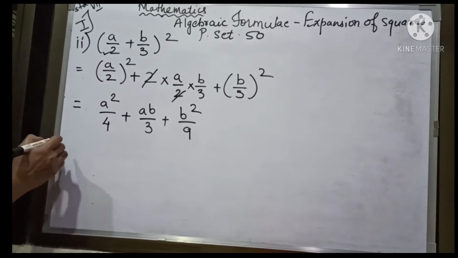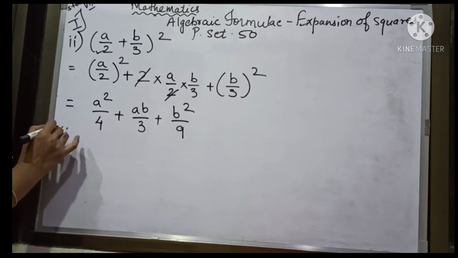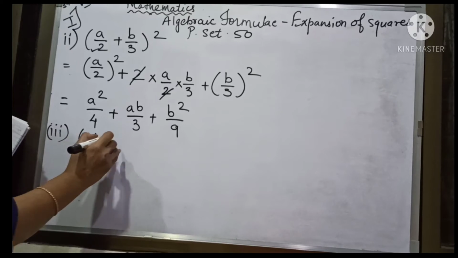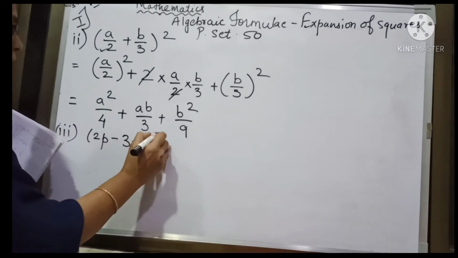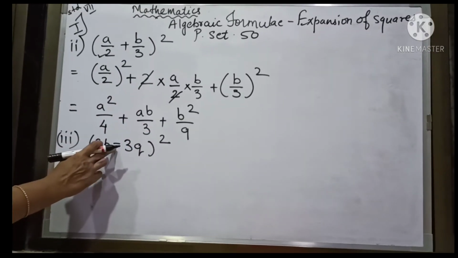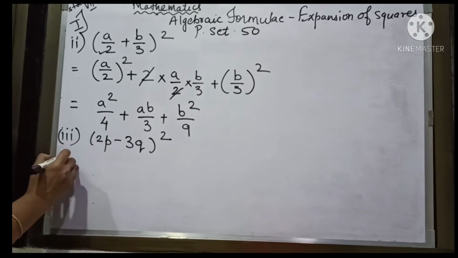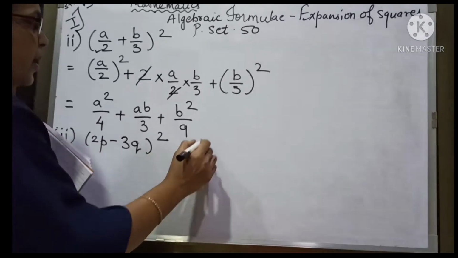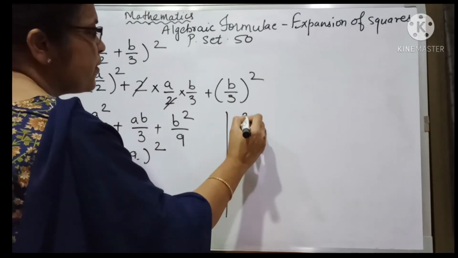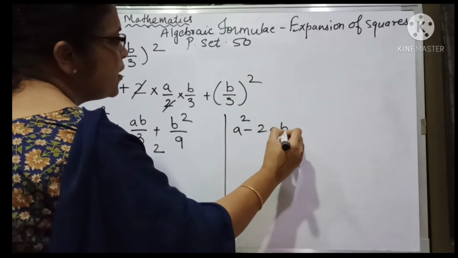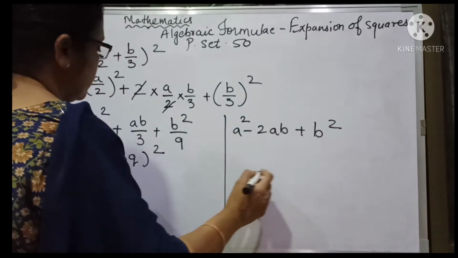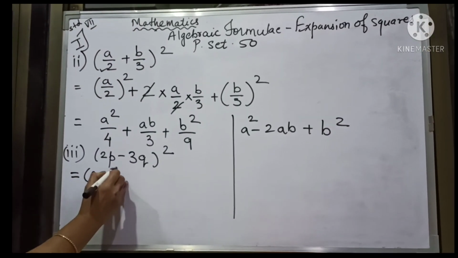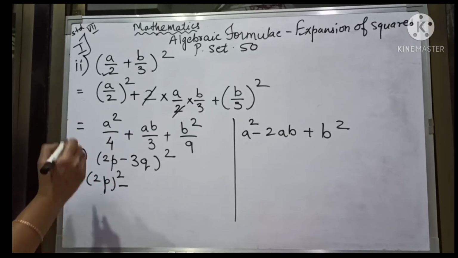The third sum, (2p - 3q) whole square. Now here we are having minus sign. So according to the formula, our formula is A square minus 2AB plus B square. So first term square will be (2p) square, minus sign here.